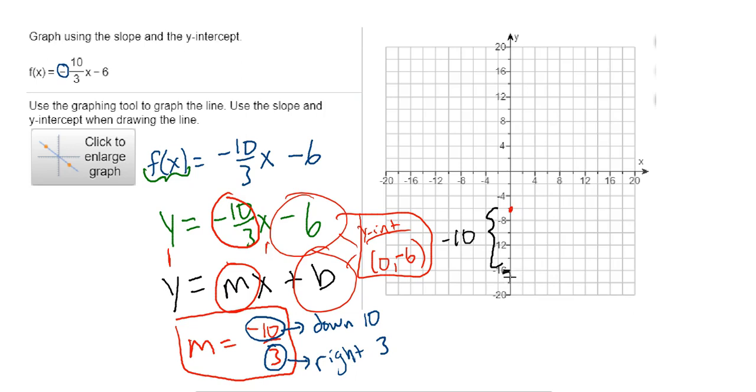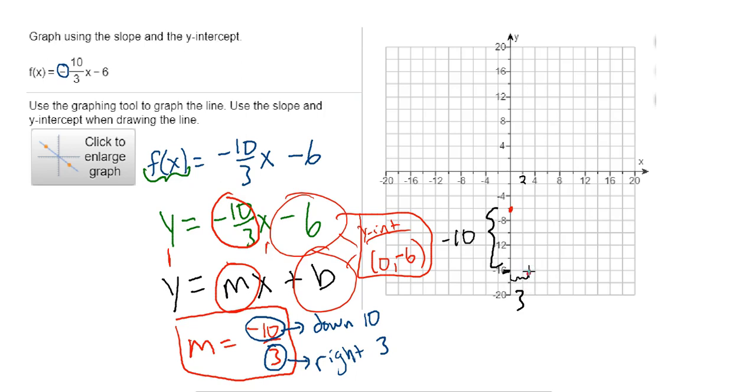And then from there, we want to go to the right 3, positive 3. Now remember, this is going by 2's, so don't go 1, 2, 3 and put the point here because that would be at 6. We want to go over just 3, which would be halfway between 2 and 4, which is where I tried to stop, so about right here. So it's going from this point down 10 to negative 16, and then to the right 3.